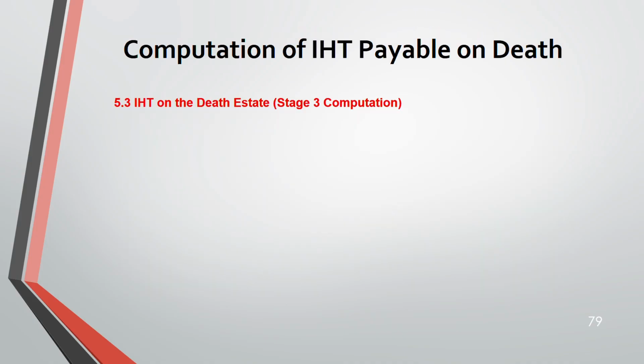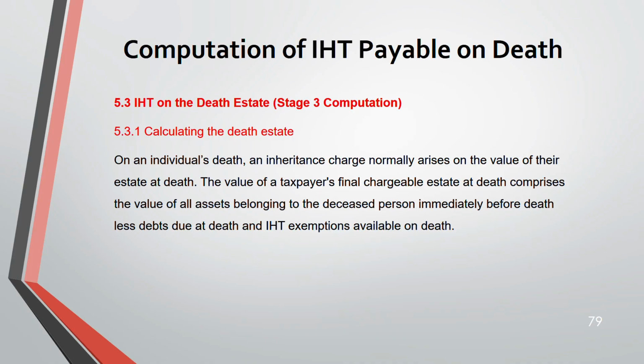Everything is similar. Now we are moving on to the stage 3 computation, the last computation, that is IHT on death estate. So you should be able to calculate the death estate. Okay, that is the value of their estate at death. Inheritance tax will be charged on that. So this includes the taxpayer's all his assets less all the debt.